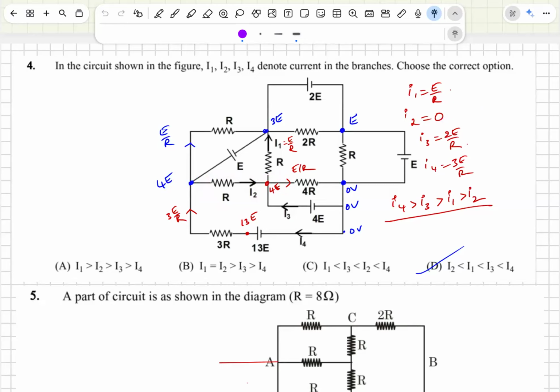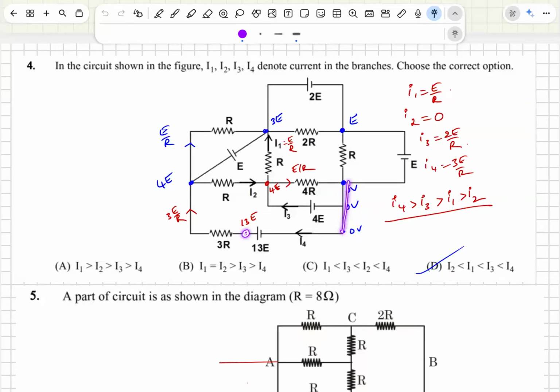Any student having doubt on why I2 is 0? Clear? Next. This is 0, and this is 13E.